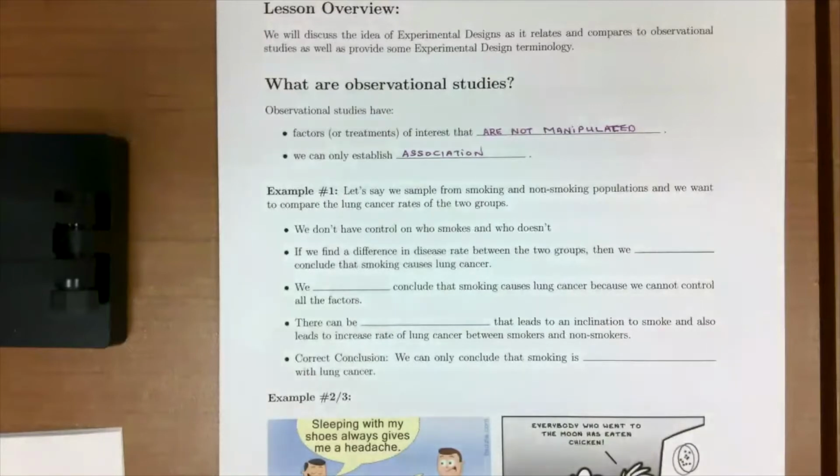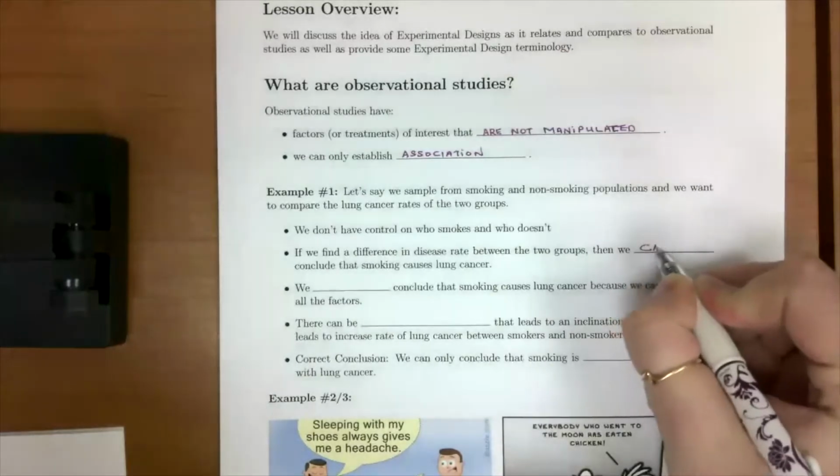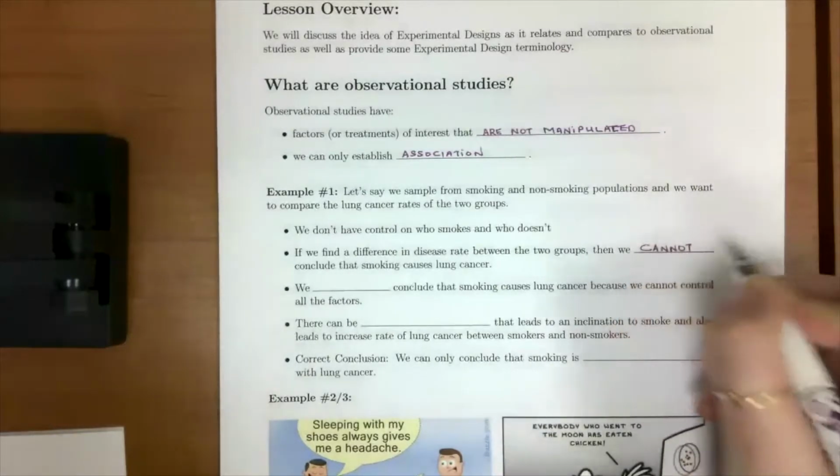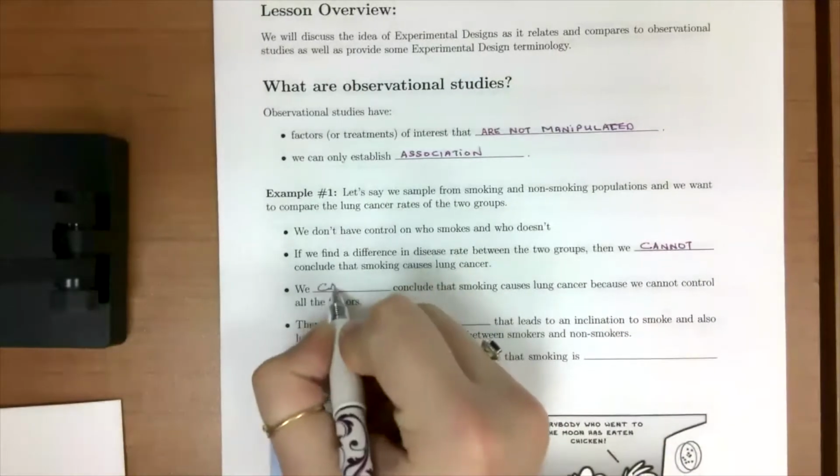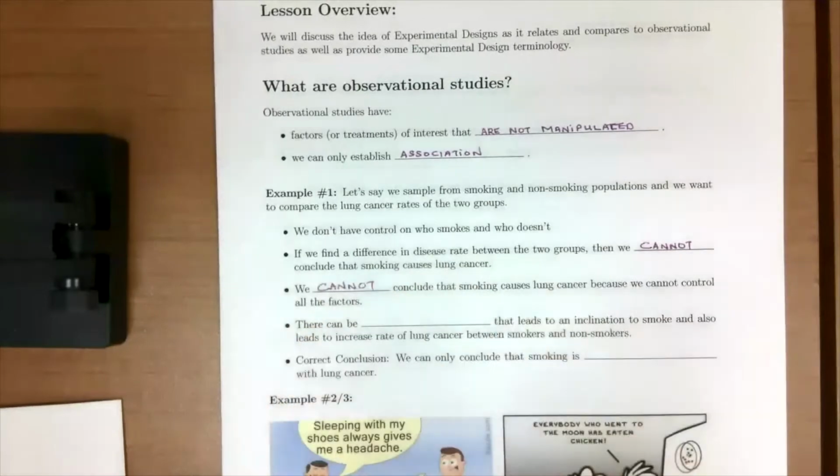And so if we find a difference in the disease rate between the two groups, we cannot conclude that smoking causes lung cancer. Again, we can't conclude this because we can't control all the factors. We're not controlling anything about this. All we're doing is looking at these two populations and seeing the rate of lung cancer.